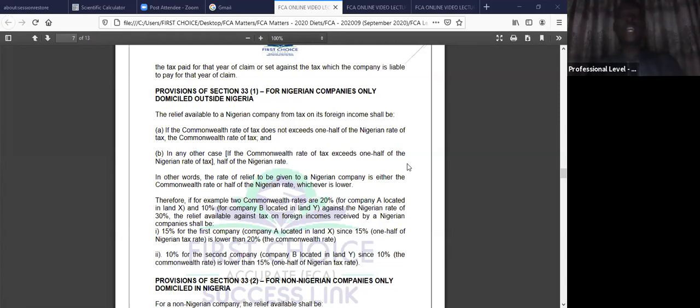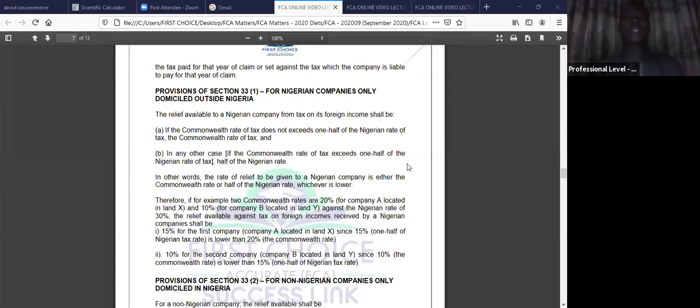But if you don't have an agreement, the maximum you can get as a relief is half of Nigerian tax. So you are going to look at the foreign tax, which you will call the Commonwealth tax rate. You will now look at Nigerian tax, but of course you would have sliced it into half, and so you'll be comparing half of Nigerian tax with the Commonwealth rate.